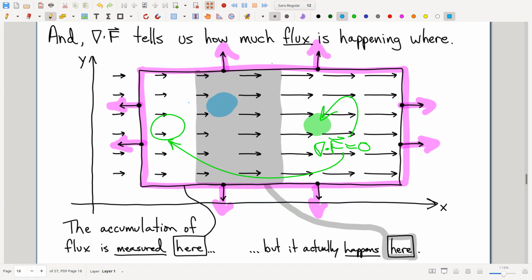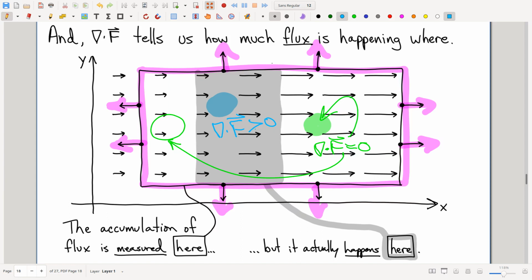You can see there's a little bit of inward flux on this blue region, but there's more positive outward-oriented flux on the right, adding up to a net positive amount of flux happening here. And divergence will indicate that. When you compute the divergence here, you're going to get that it would be positive.